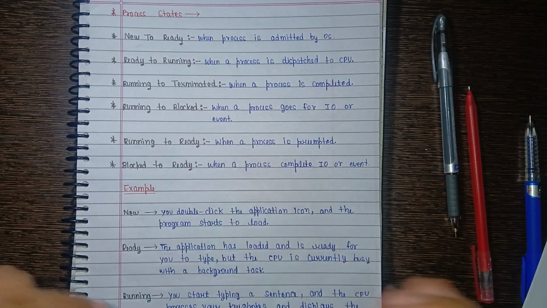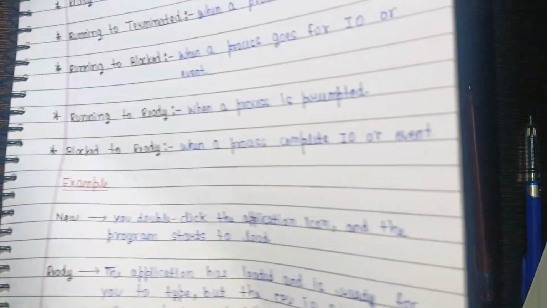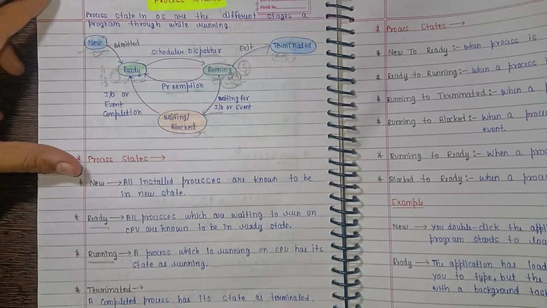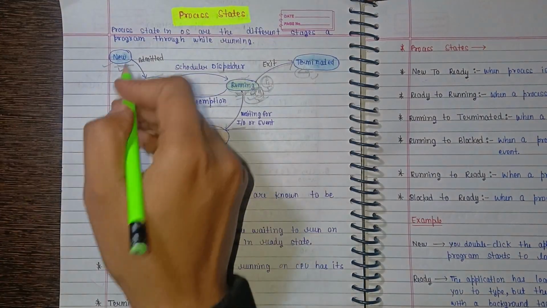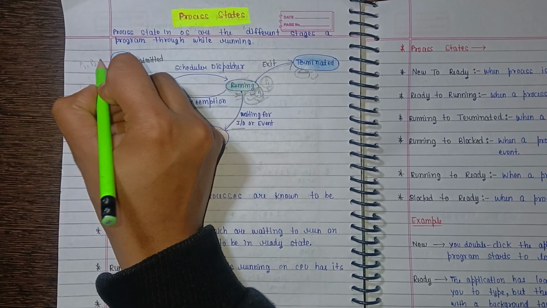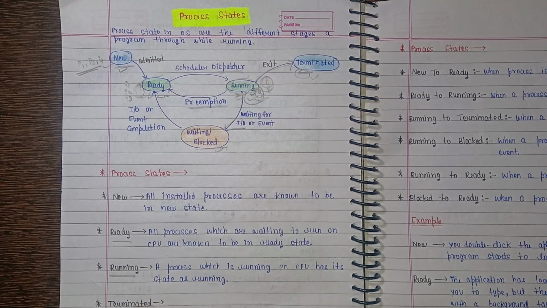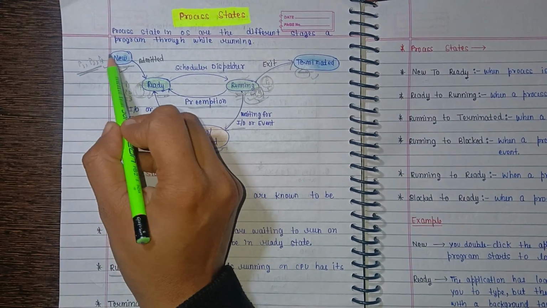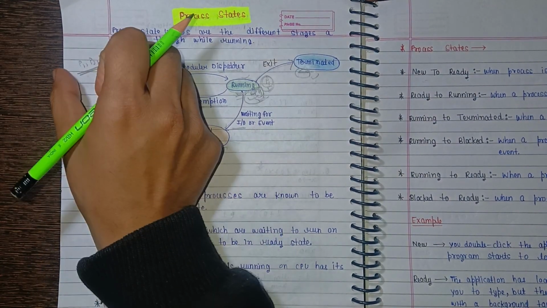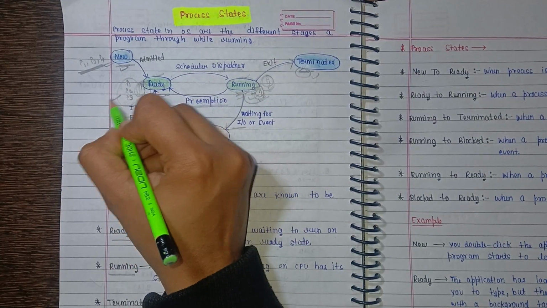Basically new to ready means, suppose we have processes P1, P2, P3. Okay, and when all the processes are ready, they move to the ready state.